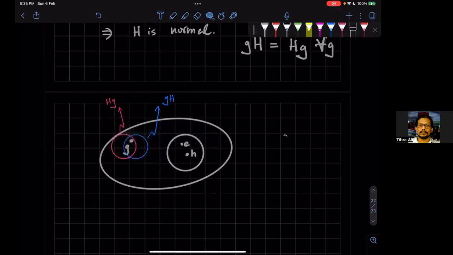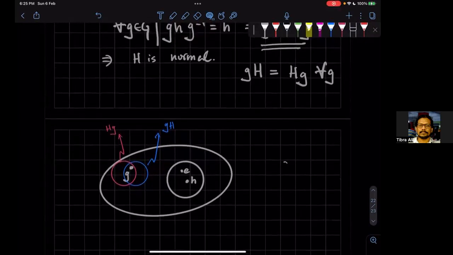So the idea is that these two sets need not be the same. However, if they are the same, then it means that it's a normal subgroup. Now, when they're the same, it does not mean that element by element this has to be true.